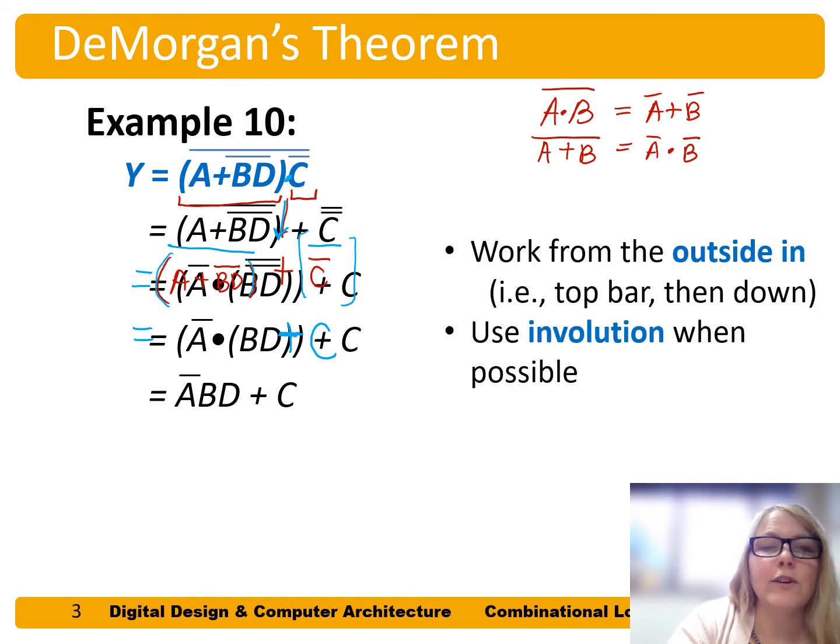So we have a term that's ORed together under a bar. We take that OR operation, turn it into an AND operation, bring down each of the terms. I can keep the parentheses here and get rid of them when I need to. And then last step, I'm going to bar each of those terms.